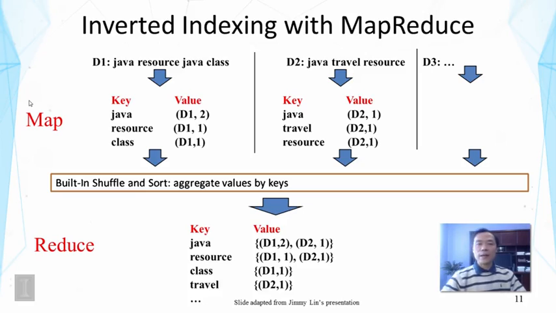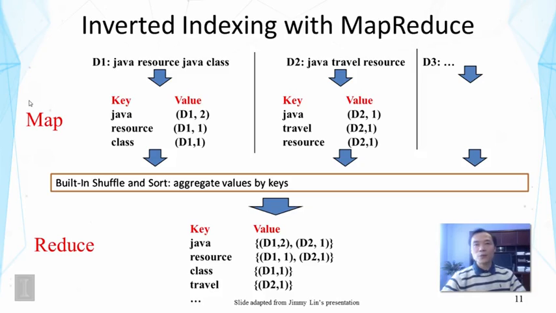So in the end, again, there is a sorting mechanism that would group them together, and then we will have just a key like Java associated with all the documents where Java occurred, and their counts, right? So the counts of Java in those documents will be collected together. And this will also be fed into the reduce function.